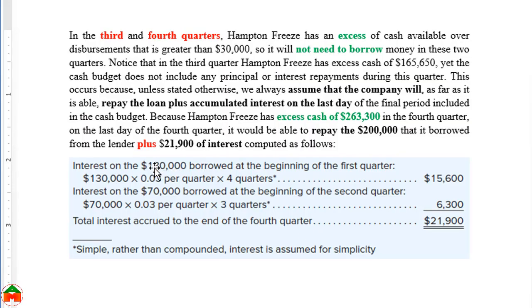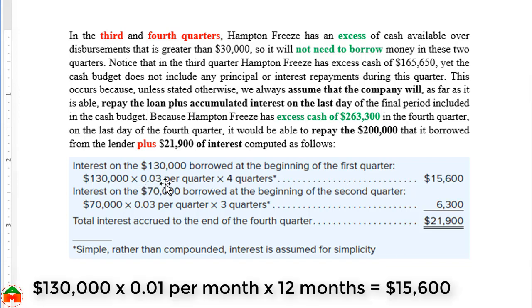We can see this is the calculation of interest. We have used 130,000 for all quarters, and per quarter interest is 0.03. You can also multiply by 1%, then multiply by 12, because we have used 130,000 loan for 12 months and our per month interest is 1%.